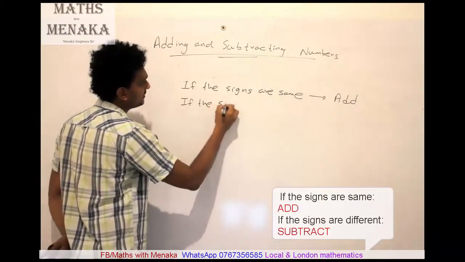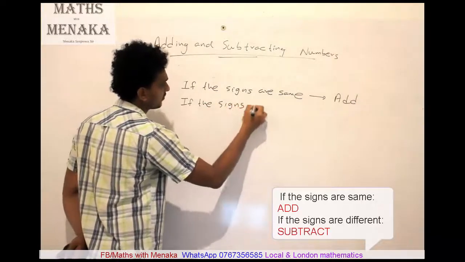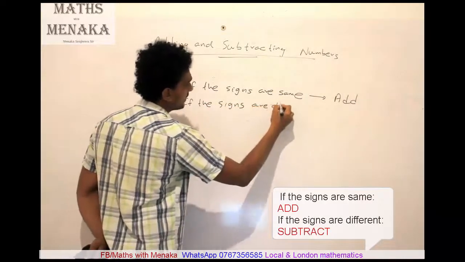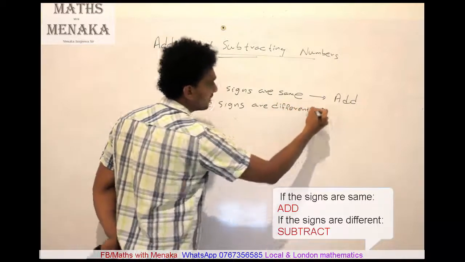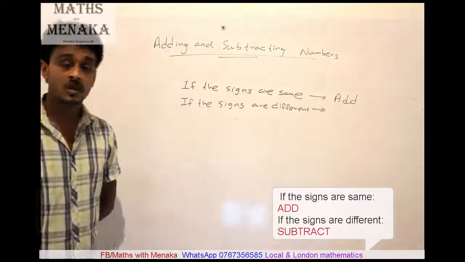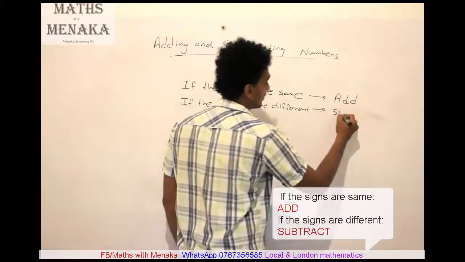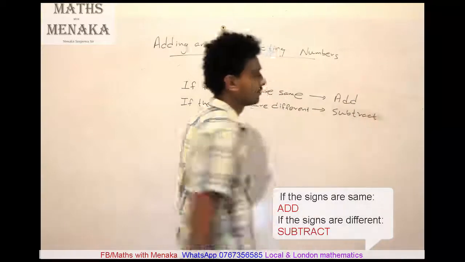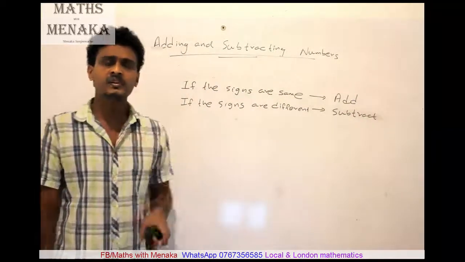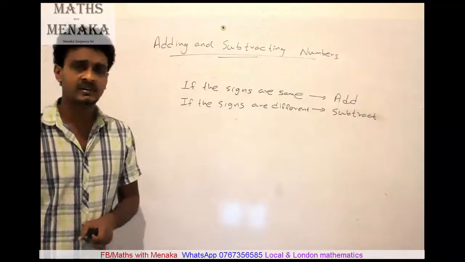If the signs are different, we should subtract. When you see some examples, you'll understand this very clearly.